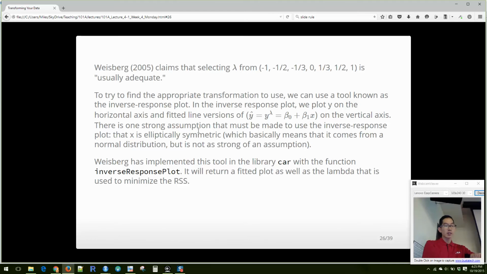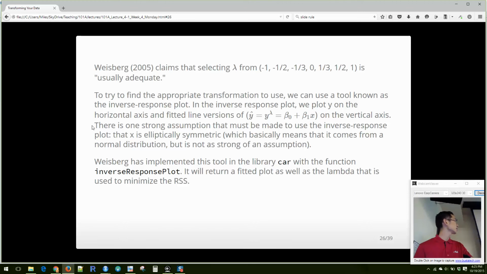One way to do this is a tool called the inverse response plot. It feels funny, but it takes the y and plots it against the y hats. We put y hat on the vertical axis, and we try different fits of lambda to this to see which one minimizes the RSS.